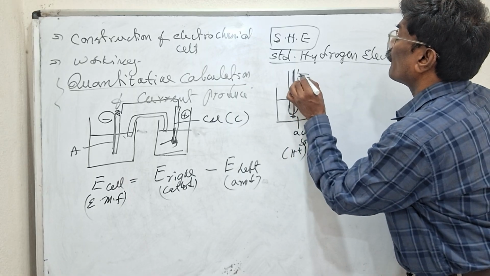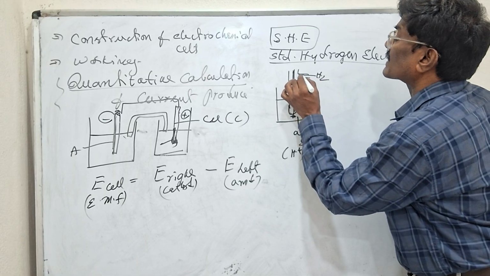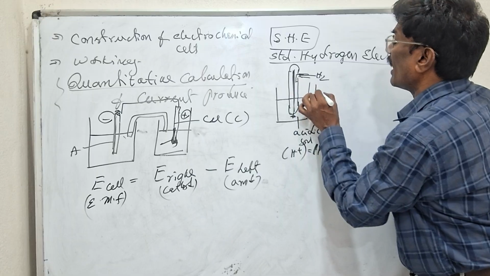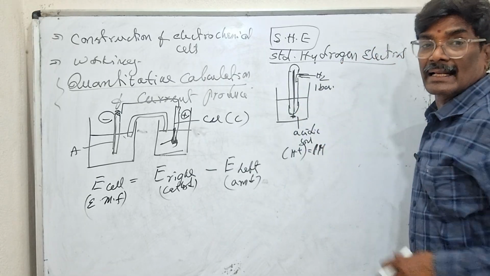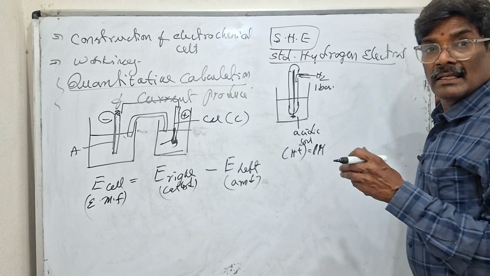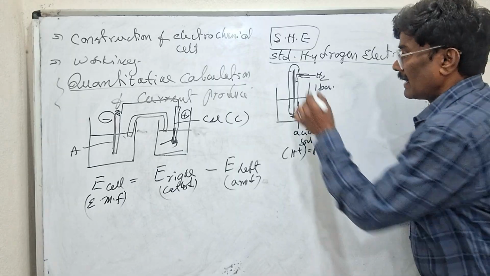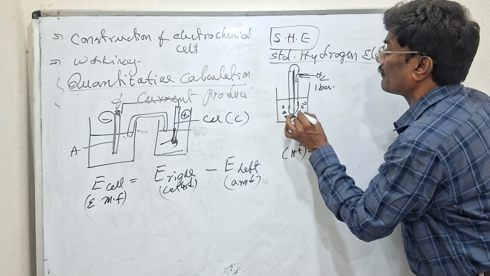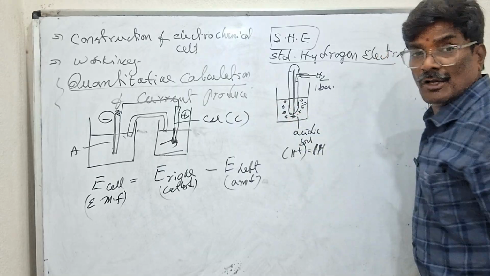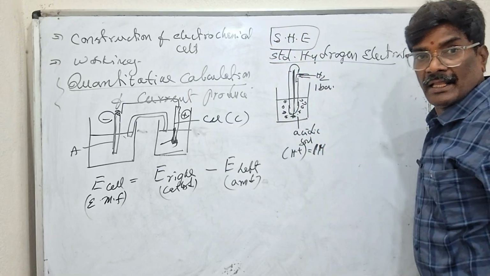From outside we send pure H2 gas into it at 1 bar pressure. This is an important condition for constructing the standard hydrogen electrode. Hydrogen gas is bubbled at 1 bar pressure through this acidic solution. At this condition, it is called SHE.